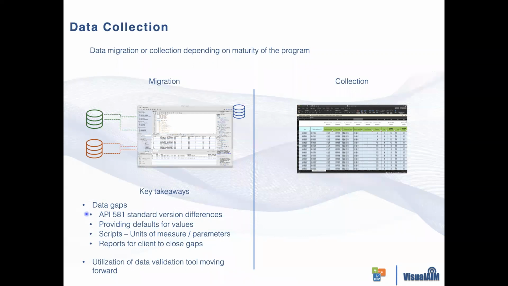Let's say, for example, the confidence data on the thinning damage factor calculation, whereas in the updated version of the standard we were utilizing in the software, that was a data point requirement. So you would see a lot of data gaps occur in that sense. It's not that there was a data migration issue, it was just that the standard was different.